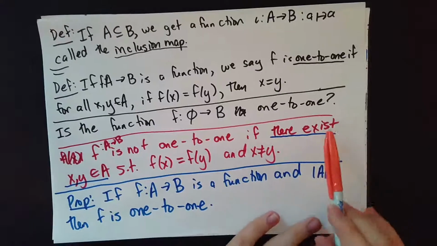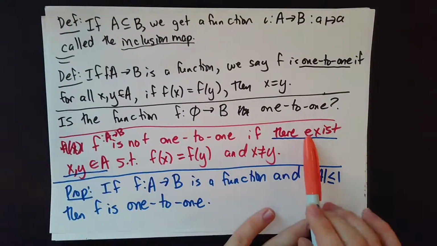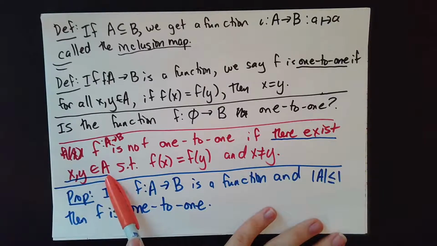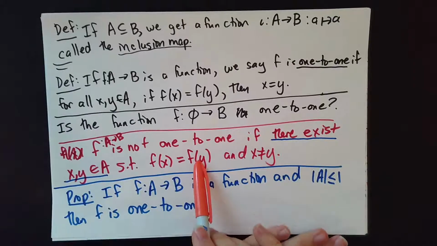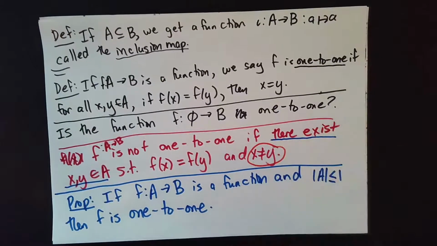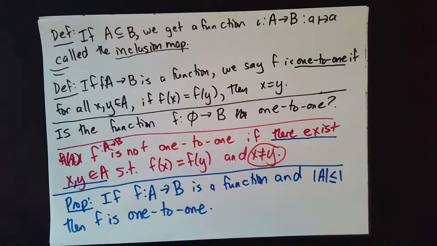Okay. Namely, in order for a function to not be 1 to 1, there have to exist elements x and y in the domain such that f of x equals f of y, and this is the important part, x is not equal to y. And so if the size of the domain is 1, then I can't even, never mind this f of x equals f of y part.